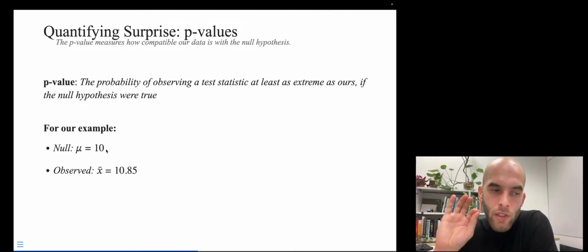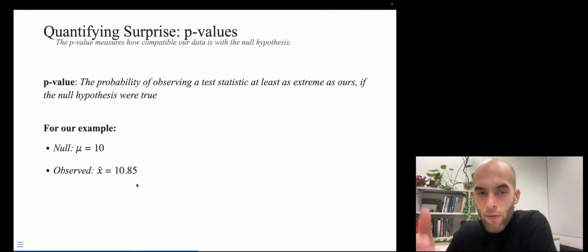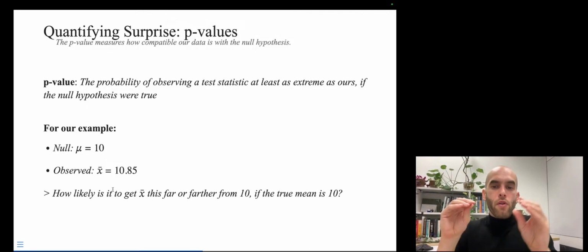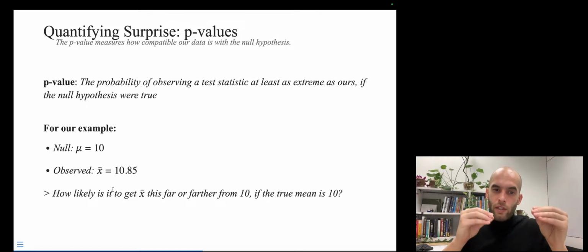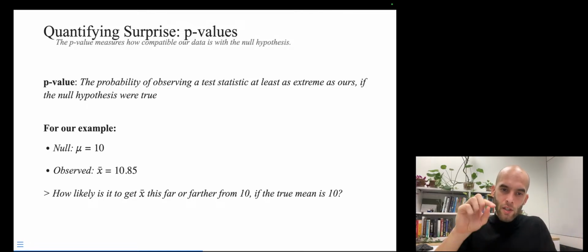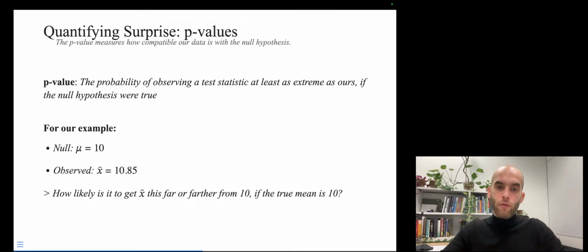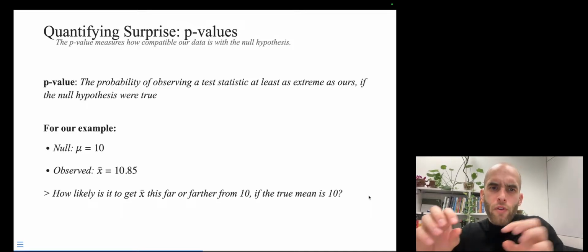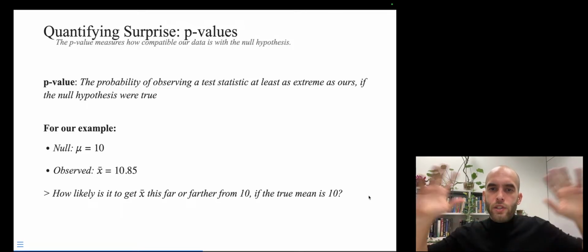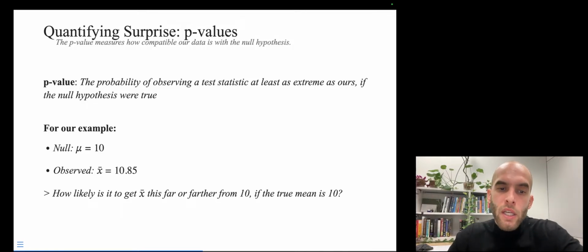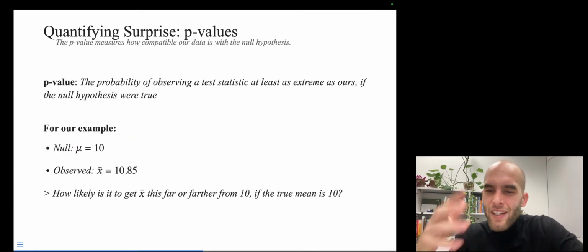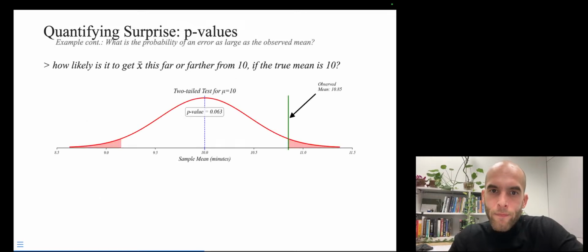Our observed sample mean is 10.85. So the p-value captures how likely it is to get x bar or further away than x bar from 10 if the true mean is actually 10. It's a way of measuring the extremeness of our sample or greater.